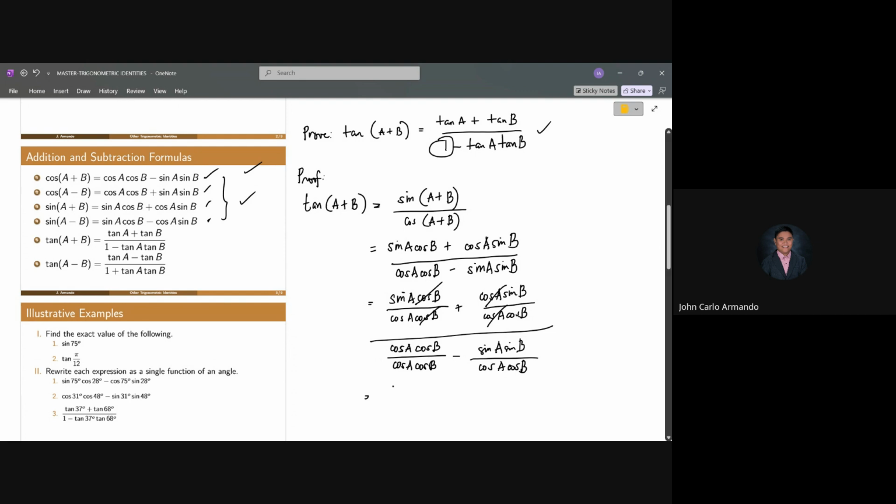Sine over cosine by quotient identity, that is tangent A. Plus, what is sine B over cosine B? That is tangent B.